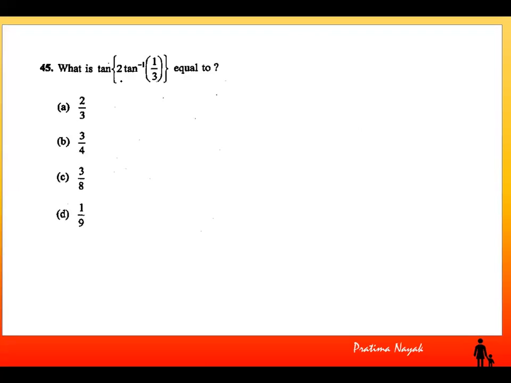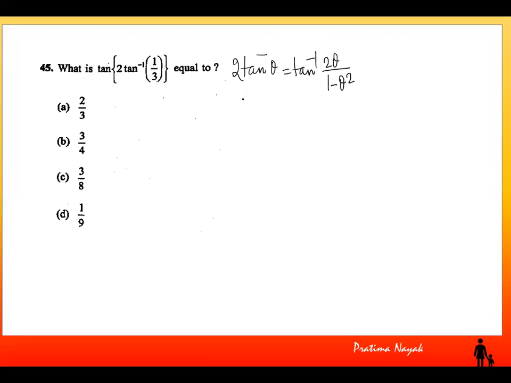Next, what is tan of 2 tan inverse 1 by 3 equal to? This is in class 12 syllabus. Only if you remember one formula, you can simplify this. What is it? 2 tan inverse theta is equal to tan inverse 2 theta by 1 minus theta square.